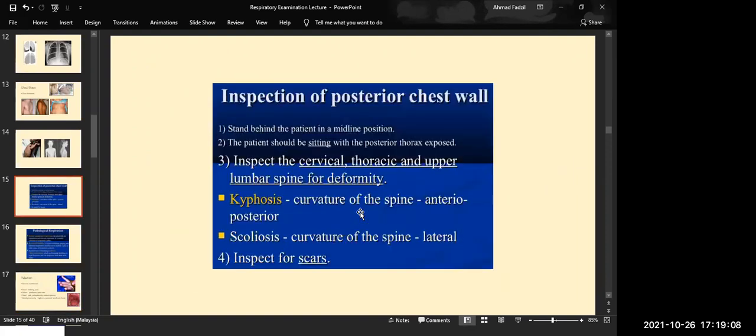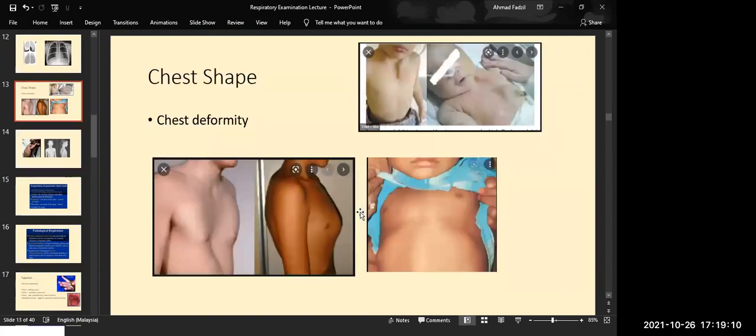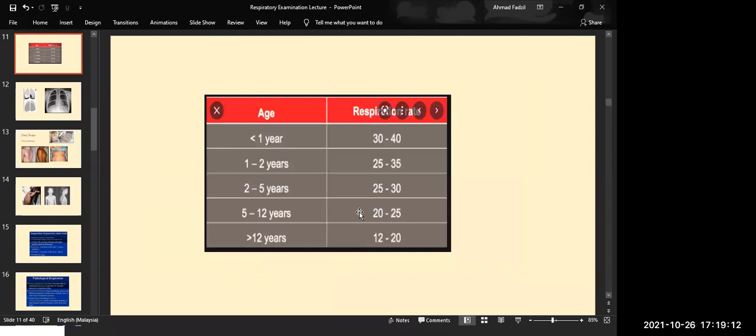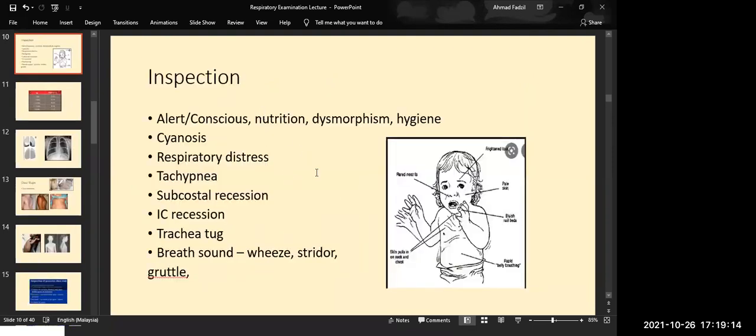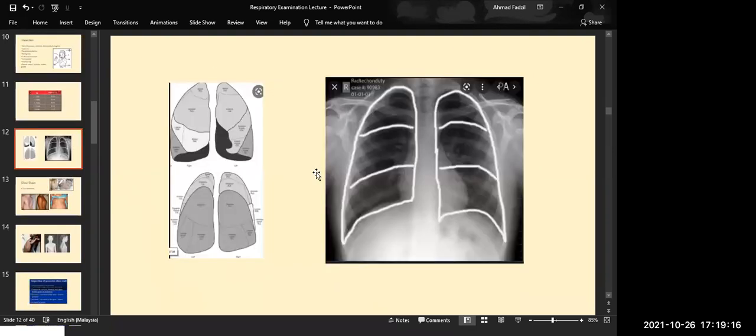Okay, and then after you do the observation, inspection, then you start to do the palpation. But in palpation, you must know what you touch. So in palpation, in the lung, you have to divide the lung into the upper zone, middle zone, and lower zone.